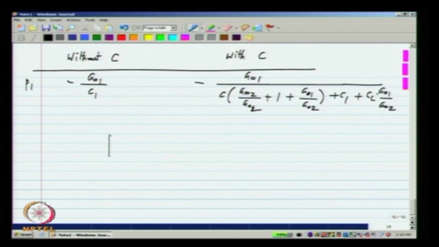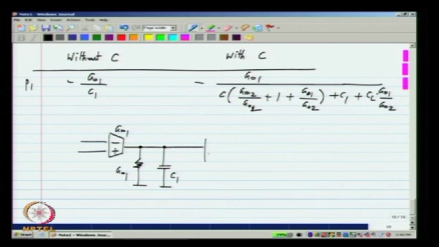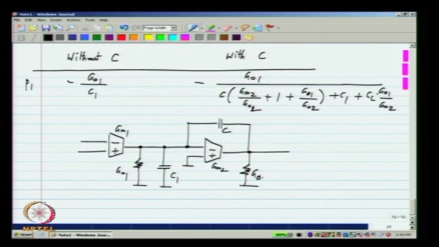So, in other words, if I redraw the complete op amp, this is the first stage, C1 appears directly across Go1, and we have this capacitor across an amplifier whose DC gain is Gm2 divided by Go2, and there is also some capacitance Cl here.